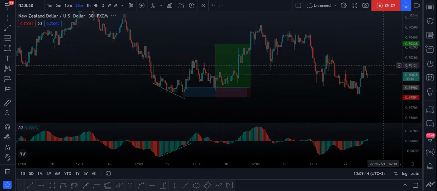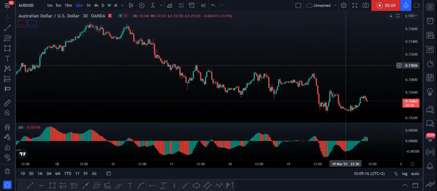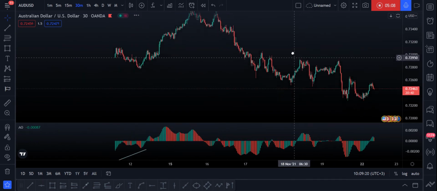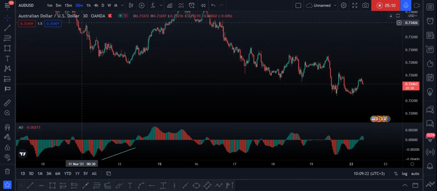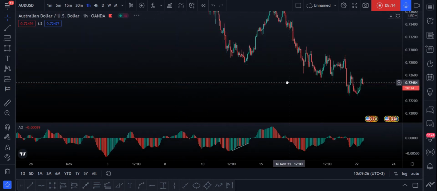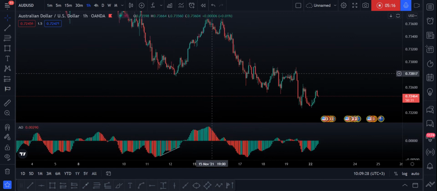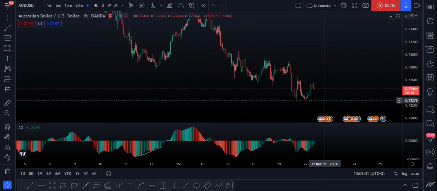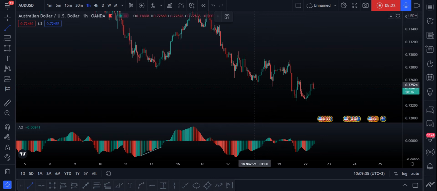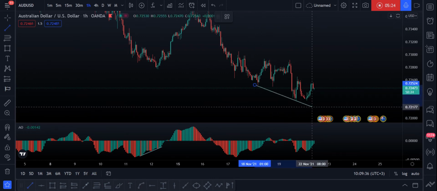Let's look at another example. We are going to look at the Australian dollar. Looking at this chart, maybe we use the 1 hour. I already had the last divergence. We can see that price is currently printing divergence at the moment, but we have not gotten a structure break.